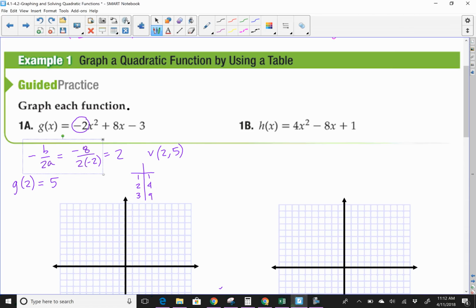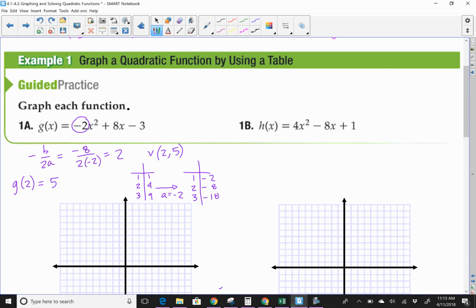In this case, a is equal to negative 2. That changes the y values. You still have 1, 2, 3, but I have to multiply each of these y values by negative 2. So 1 times negative 2, 4 times negative 2, and 9 times negative 2.